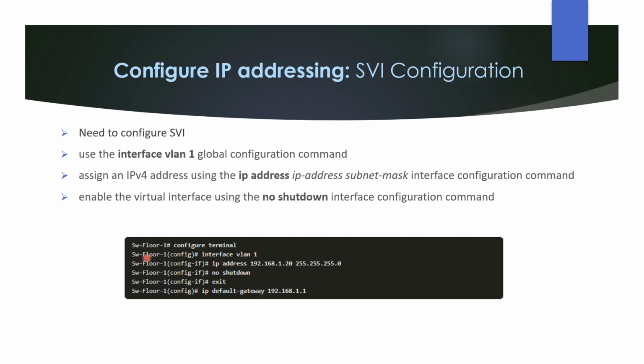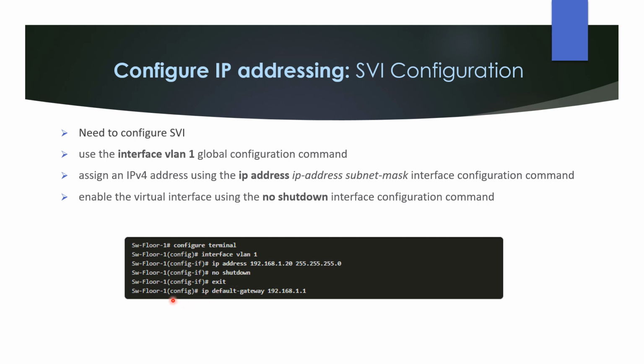So you have to be in the global configuration mode, and you have to go to the virtual interface of the switch, which is VLAN 1. So you have to go into interface VLAN 1, which means that now you are configuring the interface VLAN 1 of the switch by adding the IP address of the interface, and with the command no shutdown, you enable this interface.